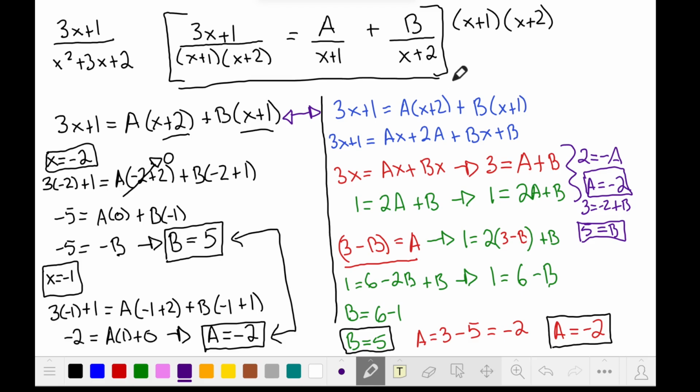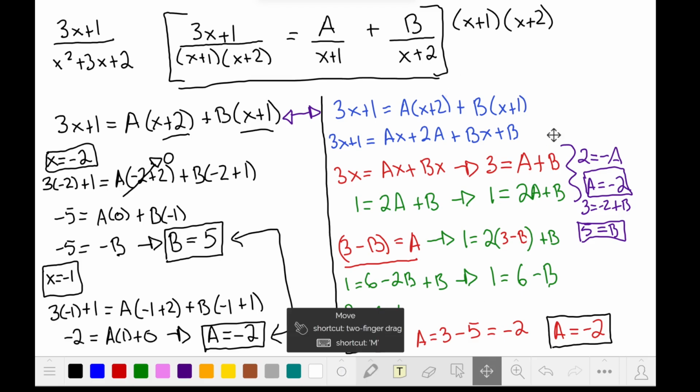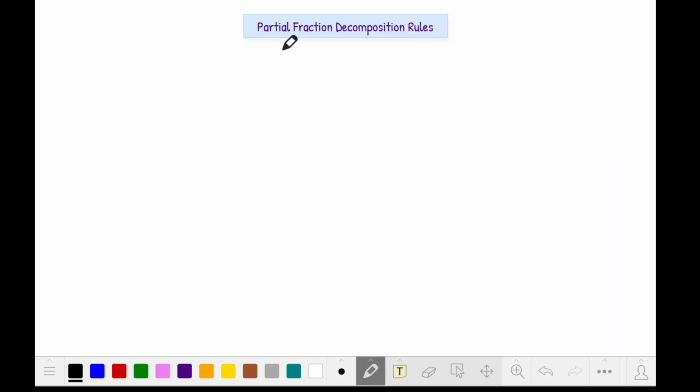So now that we've got this example out of the way, let's start to look at this a little bit more rigorously. We're going to start talking about the actual partial fraction decomposition rules, because what we do changes a little bit depending on what the fraction looks like, but the actual logic stays the same.